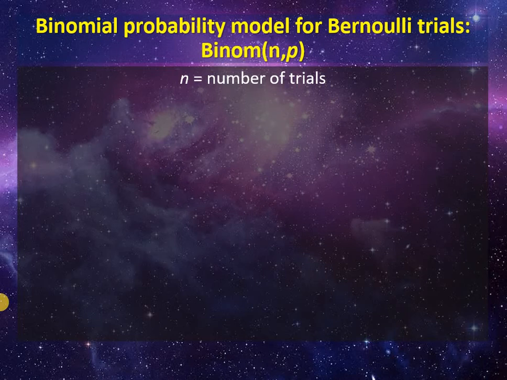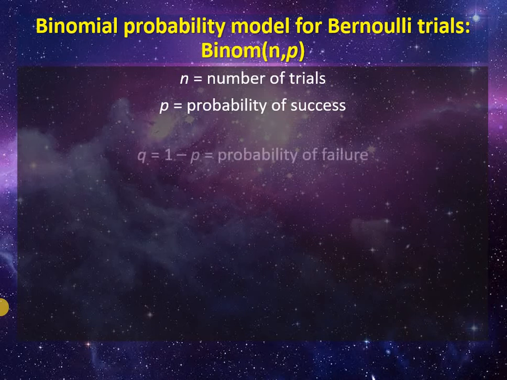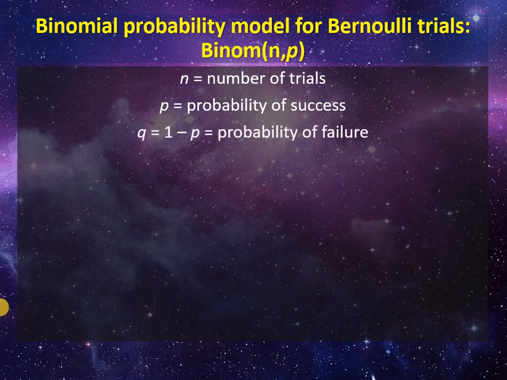Hopefully I come out with more money than I went in, but I'm not going to keep pushing my luck. P is that probability of success still. That's not changing. Which means Q is the probability of failure, or you can write it as 1 minus P. Nobody cares. It's all good.